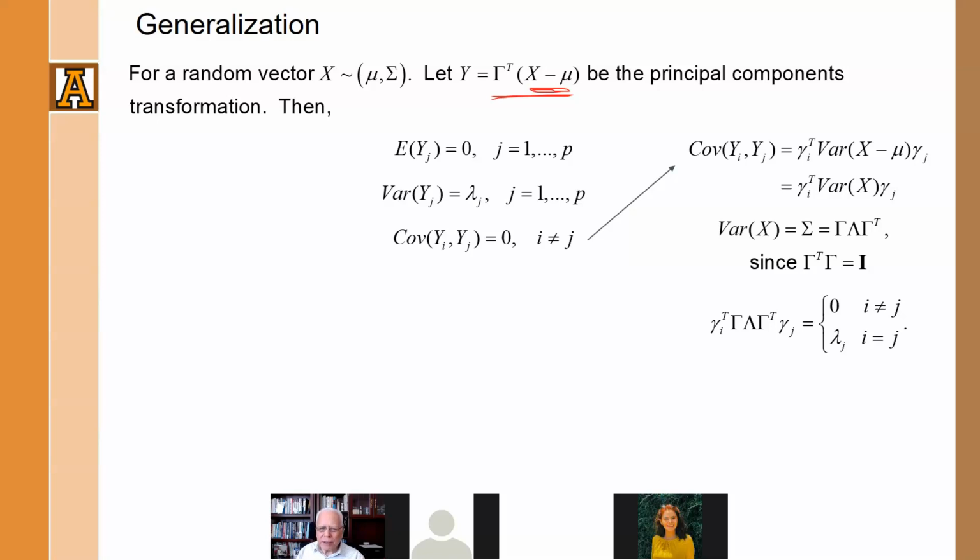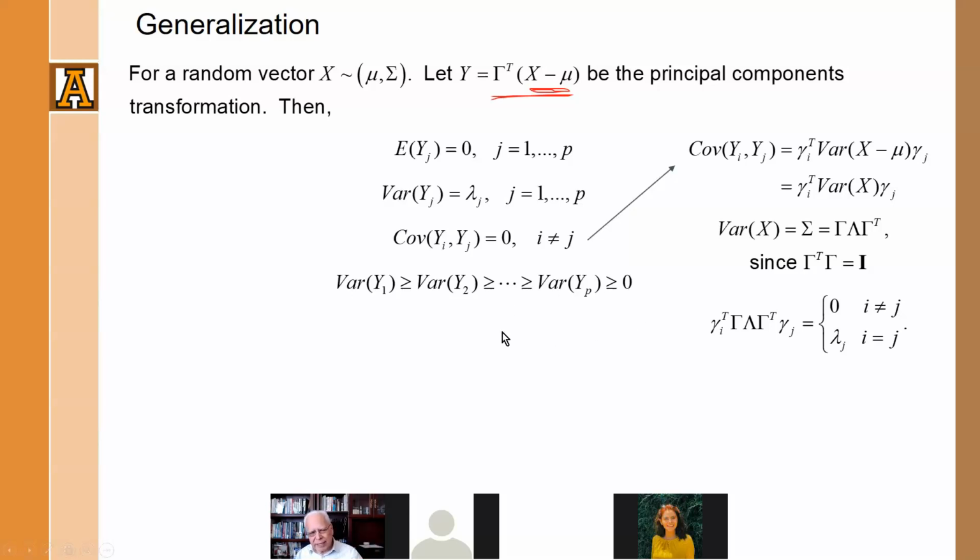That's why this is one of the techniques that is used when we do a linear regression, for example, and we have multicollinearity, because the transformed variables will not have that problem of multicollinearity. Okay. The other characteristic here is that the variance of Y1, the first principal component, is greater than or equal to the variance of the second principal component, and so on up to the pth principal component.